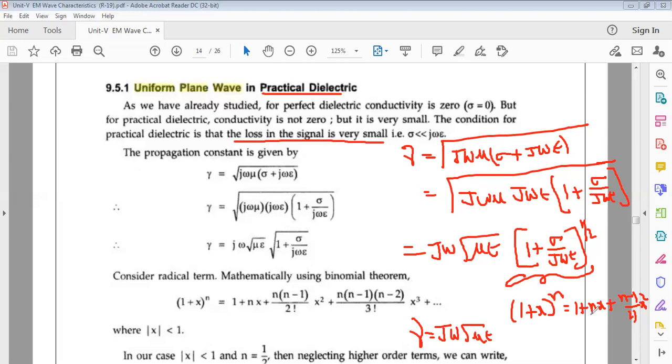Neglecting the higher order terms, 1 plus, what is the n here? 1 by 2. And what is the x here? Sigma by j omega epsilon.